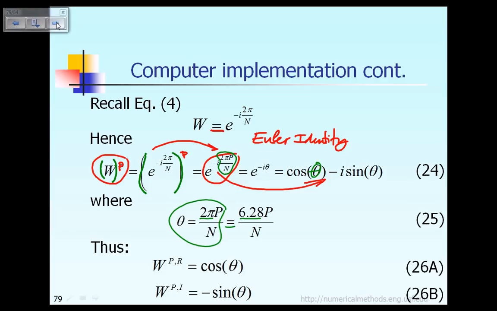By the way, this W raised to the power P is a complex number in general. That complex number at the end of equation 24 can be represented as this part.